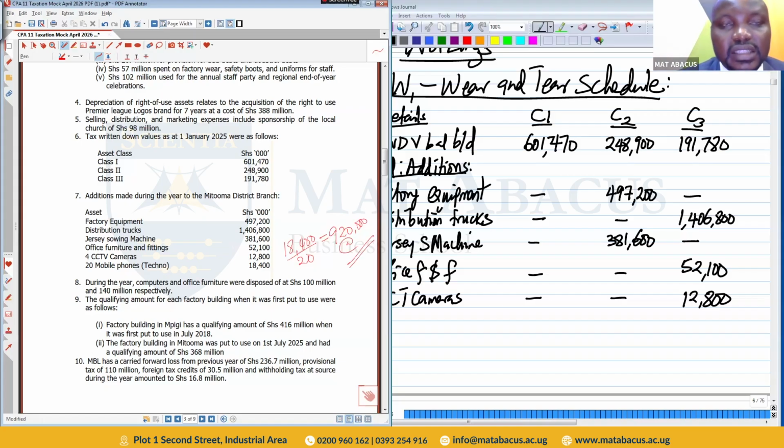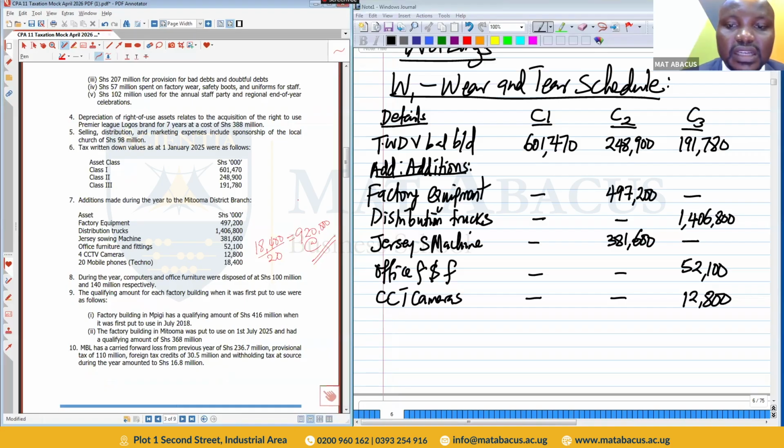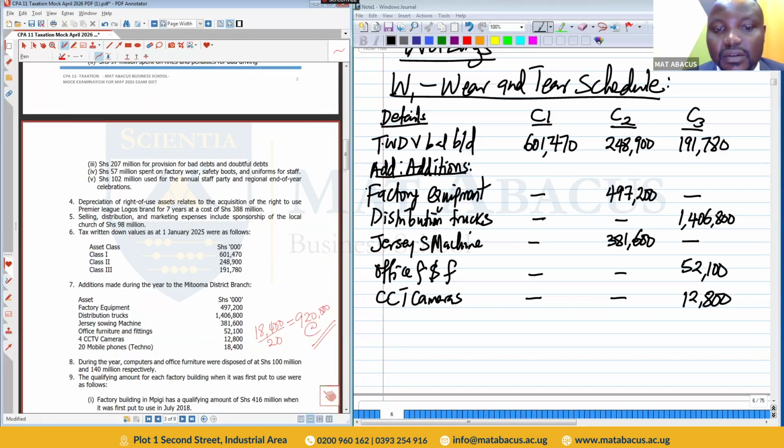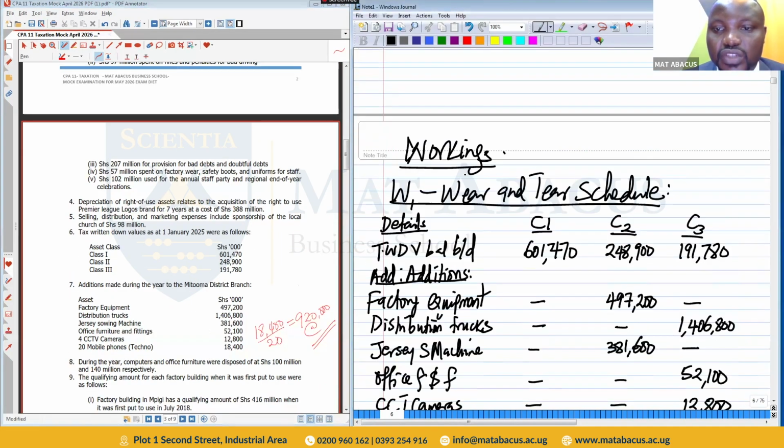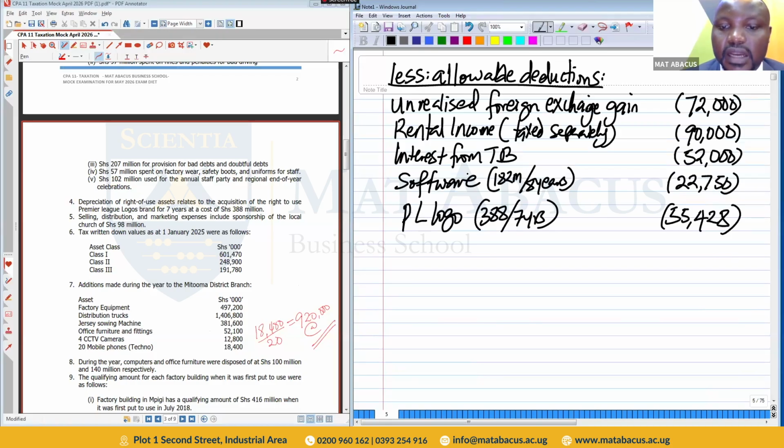This means that any asset whose value is less than 1 million is a minor capex and cannot be included in the wear and tear schedule. It will be considered as an allowable deduction. So we shall go to allowable deductions and allow this as a minor capex.